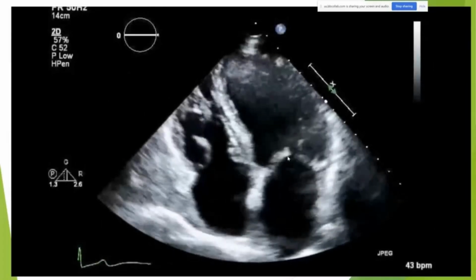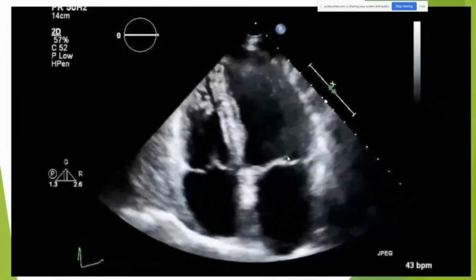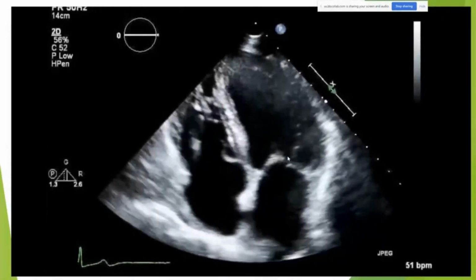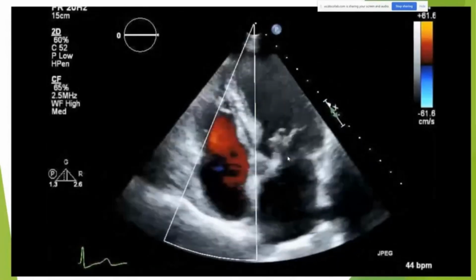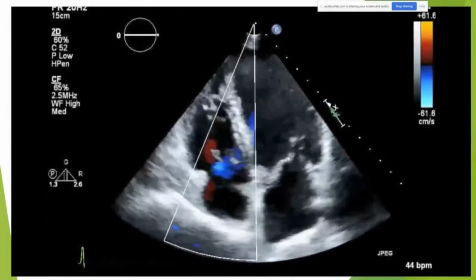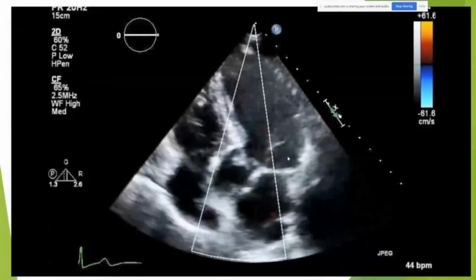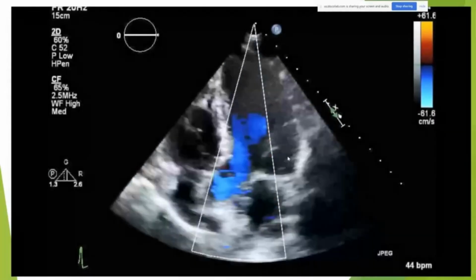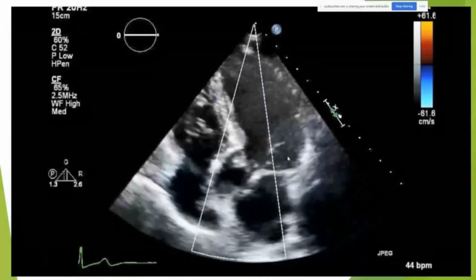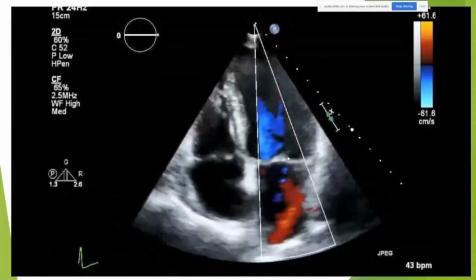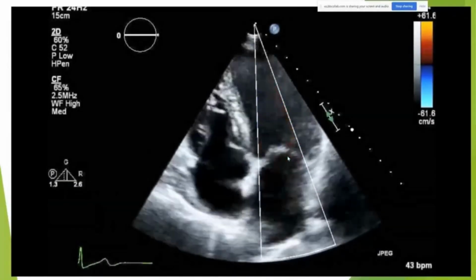Your apical four-chamber, by the way, this is not oriented properly. You'd want it to be slanted a little more the other way, but maybe this was the best view they could get for that person. Definitely moderate tricuspid regurgitation. No aortic insufficiency and trace mitral valve regurgitation.